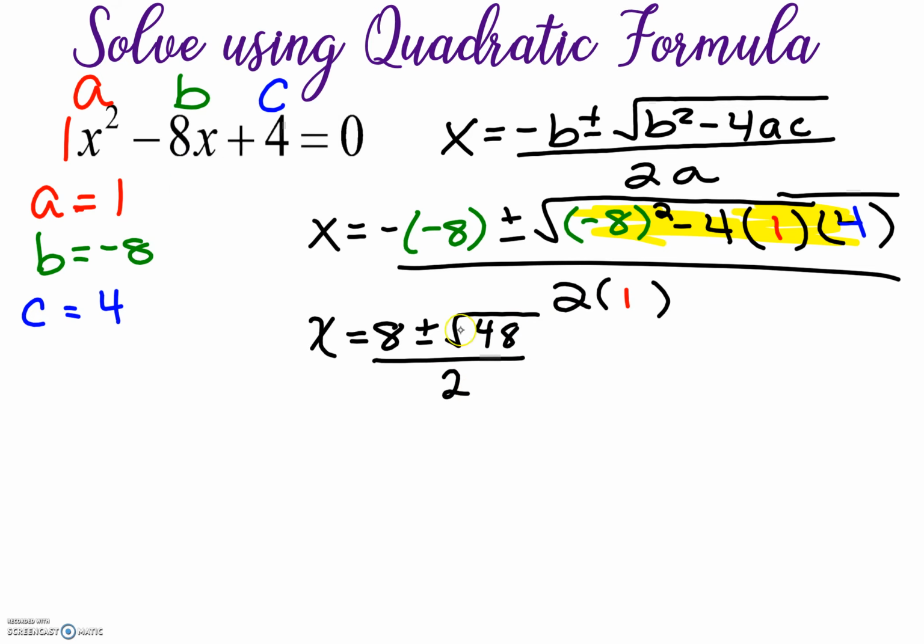From here, what I want to do is simplify my radical if possible. So over on the side, I'm going to do the square root of 48. And I want to find two factors that go into 48, one being the largest perfect square. So again, I'm just going to show you how you can use your calculator to find those two numbers.